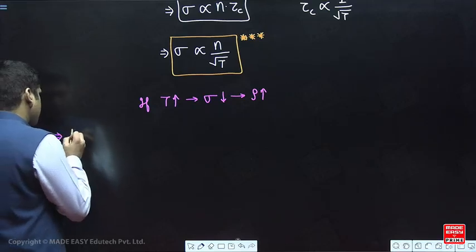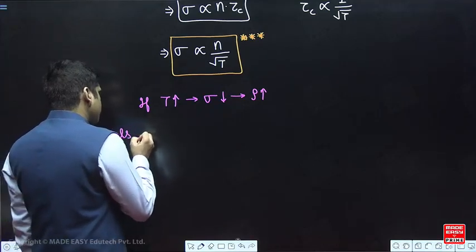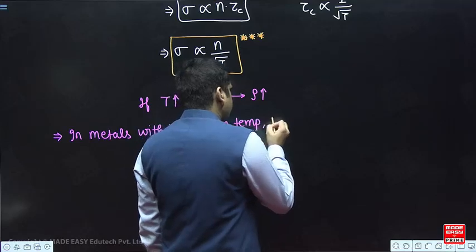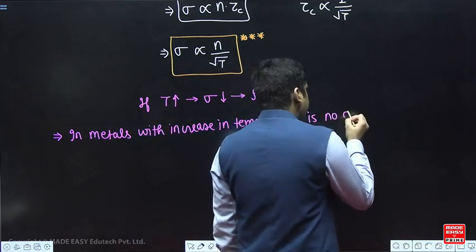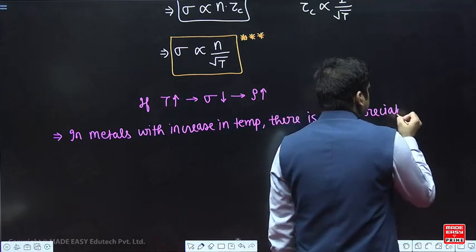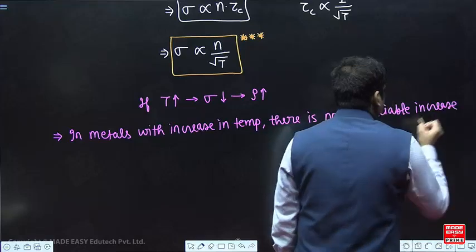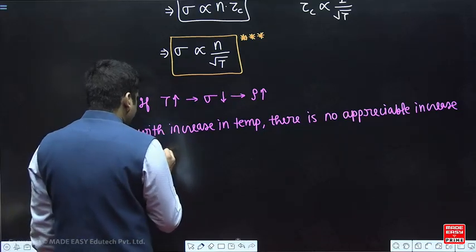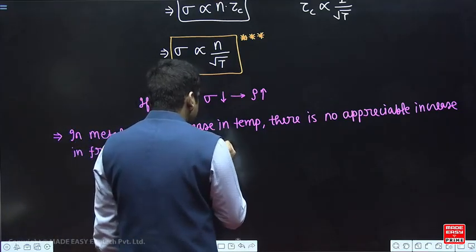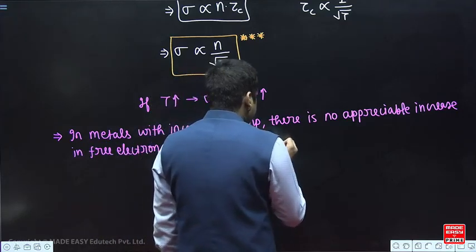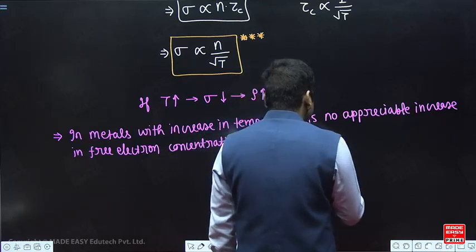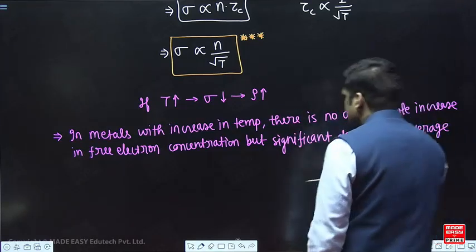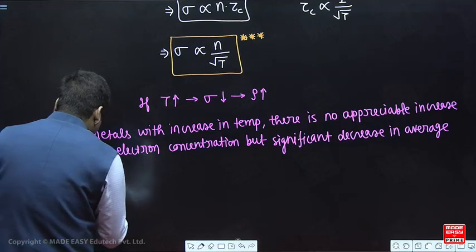We can say that in metals, with increase in temperature, there is no appreciable increase in free electron concentration, but there is a significant decrease in average collision time.